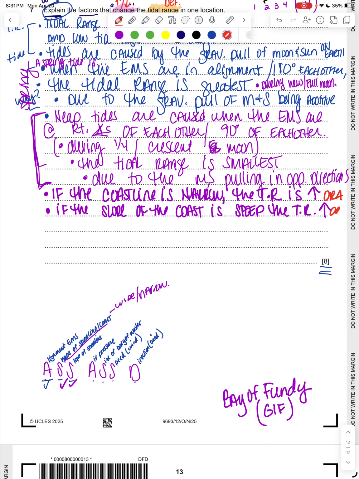Or the reverse argument is that if the slope of the coast is gradual or small, don't say flat, because that's not reality for the coast, but gradual or small, the tidal range will be lower. That's how it is on the east coast of Florida. All right. And then we got air pressure, or atmospheric pressure, same thing.